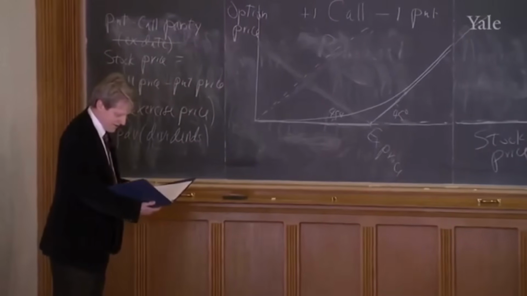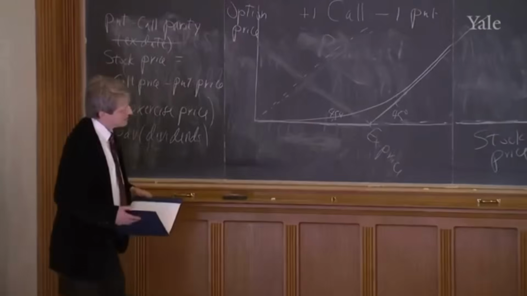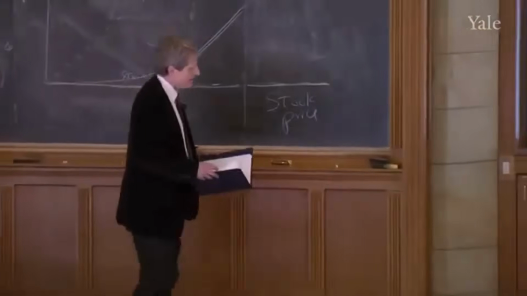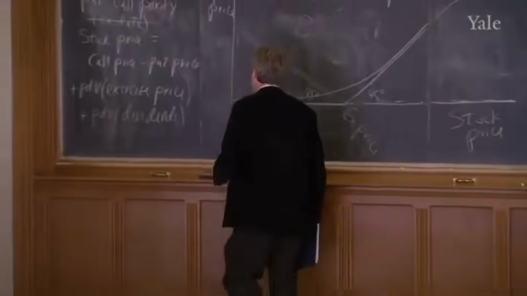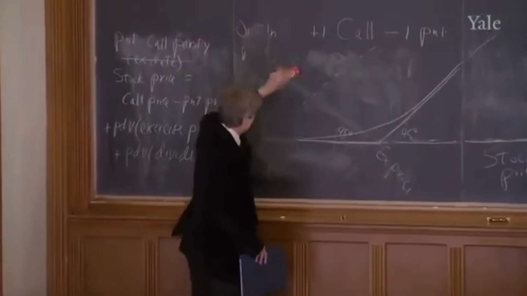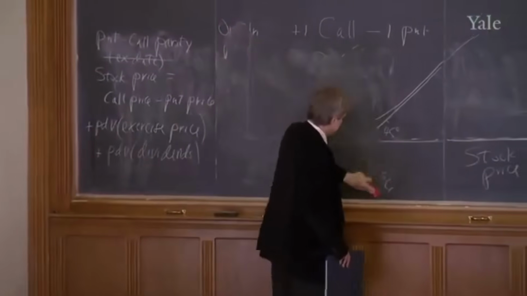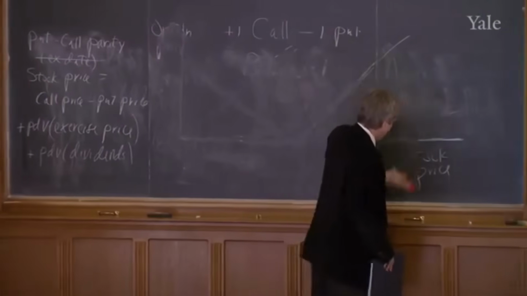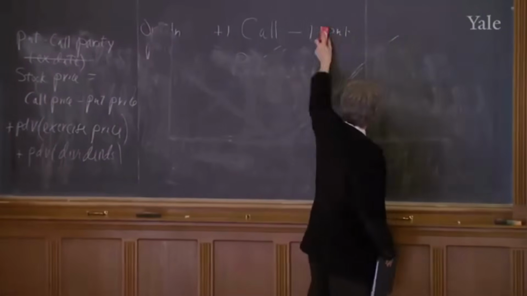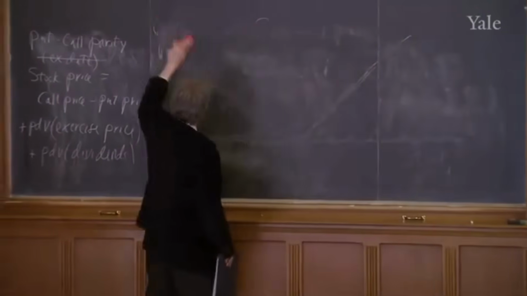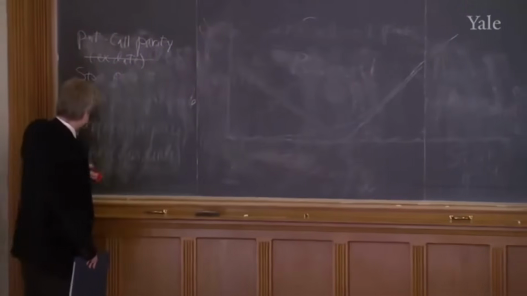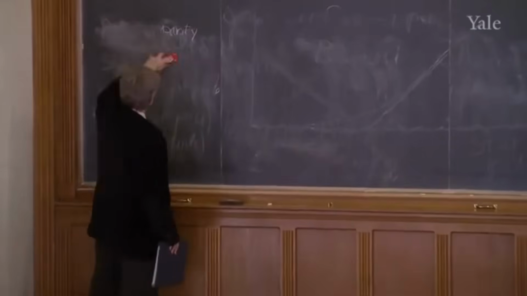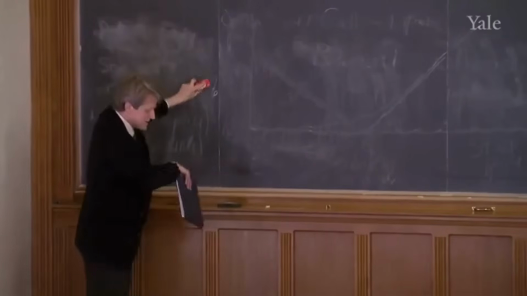then we can infer what other options would be, what put options would be worth. So let's now talk about pricing of options. And the main pricing equation that we're going to use is the Black-Scholes option pricing equation.